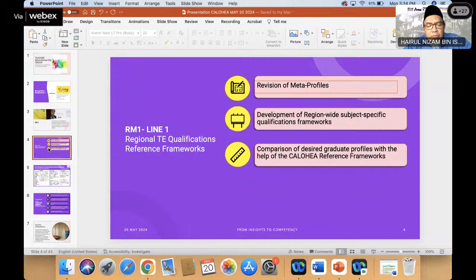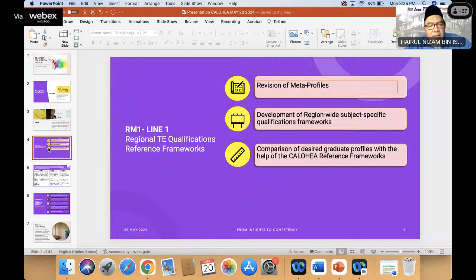Then, using different official documents in the respective countries, each country or each institution goes over all these important documents to see whether we can start molding such a framework, which in this project we call a competency framework.